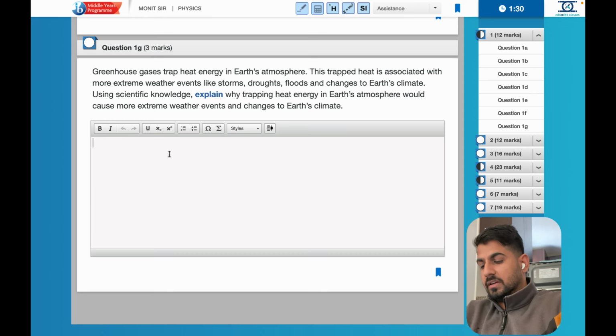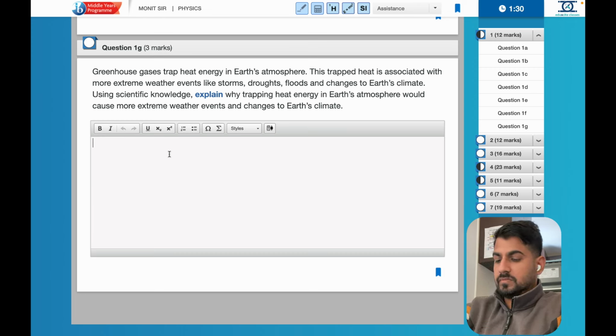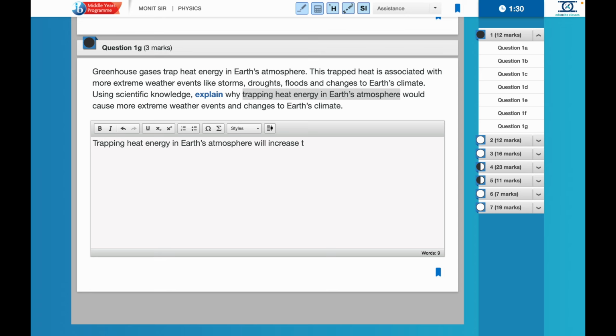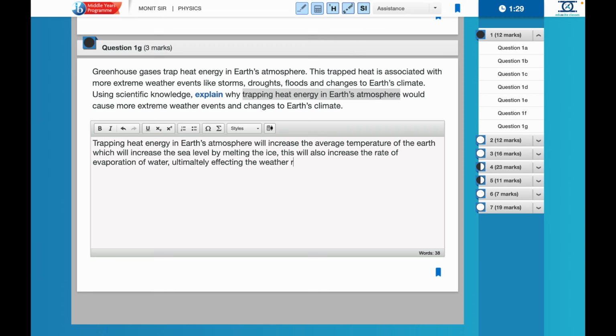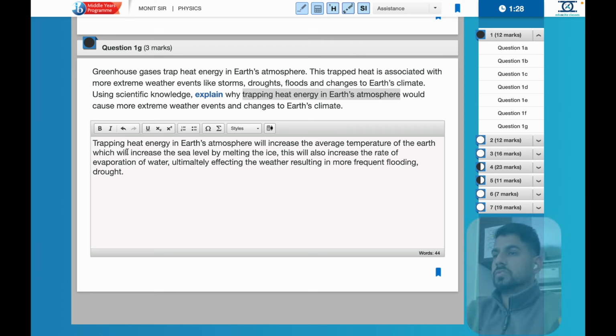So you can say that trapping heat energy in Earth's atmosphere will increase the average temperature of the Earth.